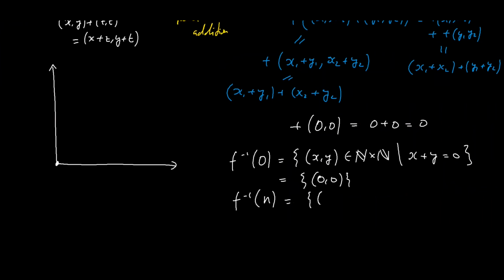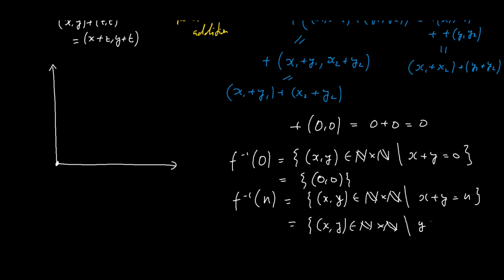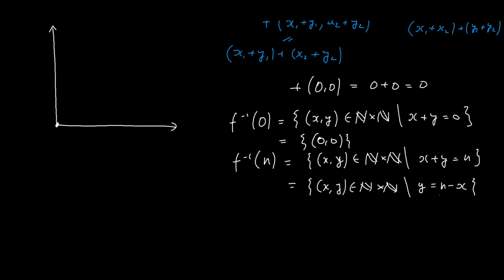This will be the set of all possible x, y's, again from N cross N, such that x plus y equals n, which we can rewrite as y equals n minus x. And then using our school mathematics, these will be straight lines with a slope of -1, right? y equals n minus x.